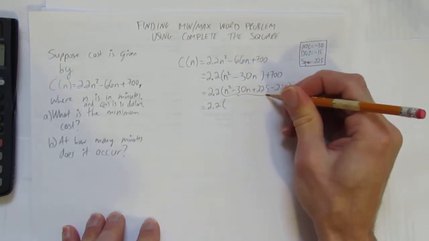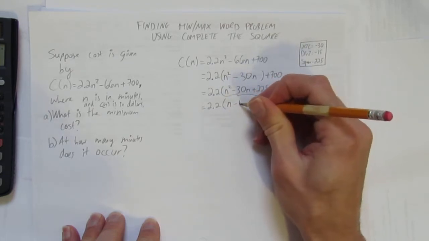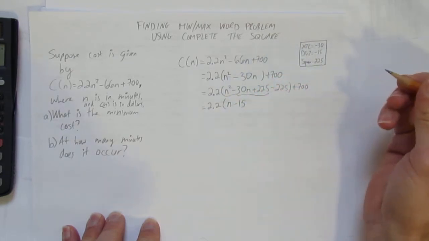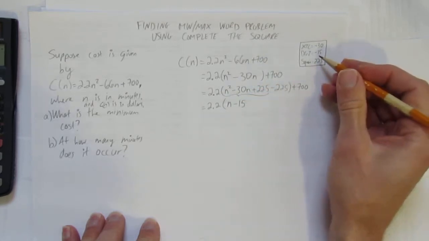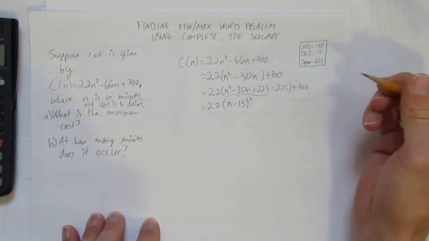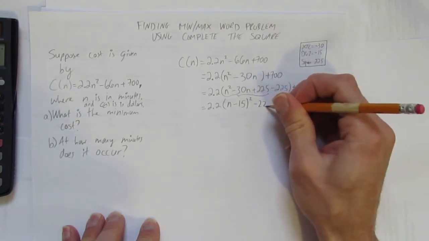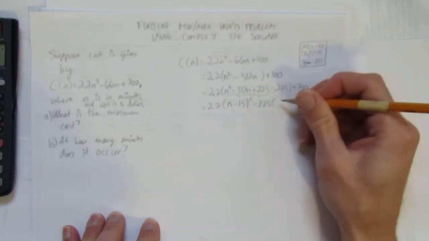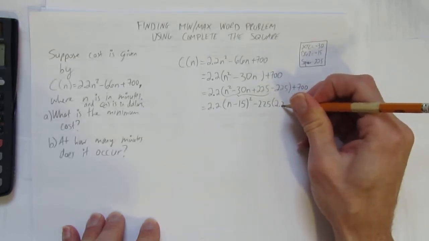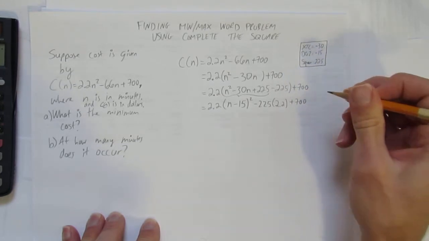These first three terms make a perfect square with the divide by 2. Again, please watch the complete the square video if that doesn't make sense. And so I get a perfect square of (n − 15) squared. But now this last term has to pop out of the brackets, and when it does so, it gets multiplied by whatever's in front, the 2.2, and plus 700 stays out here.